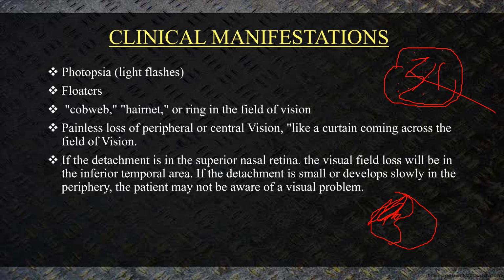Then, if the detachment is in the superior nasal retina, the visual field loss will be in the inferior temporal area. If the detachment is small or develops slowly in the periphery, the patient may not be aware of the visual problem. So if it is very small and in the peripheral area, the side, the person might not be aware of the disease condition.